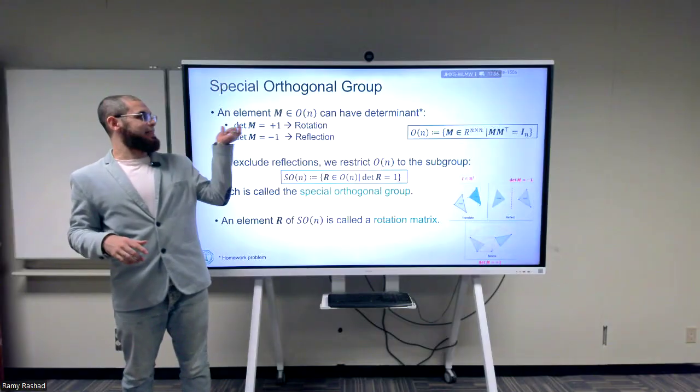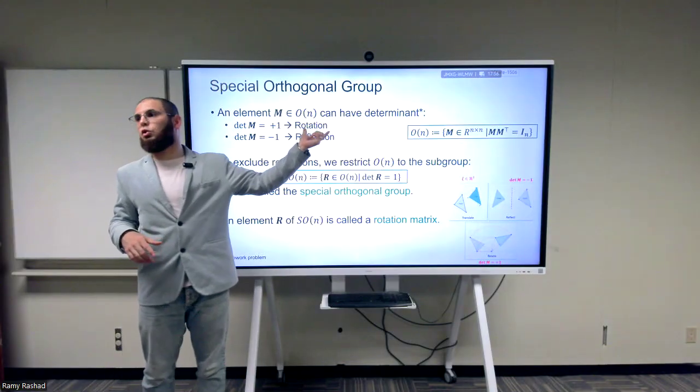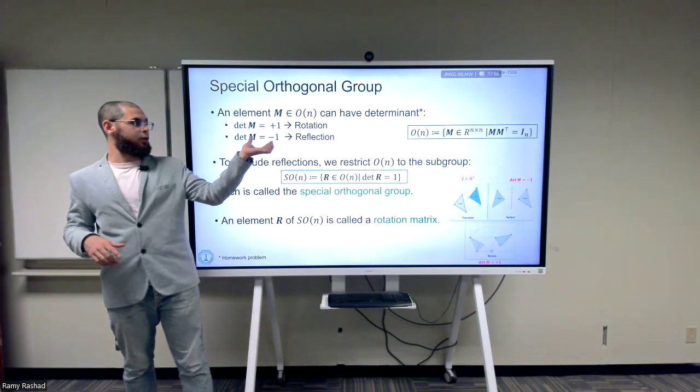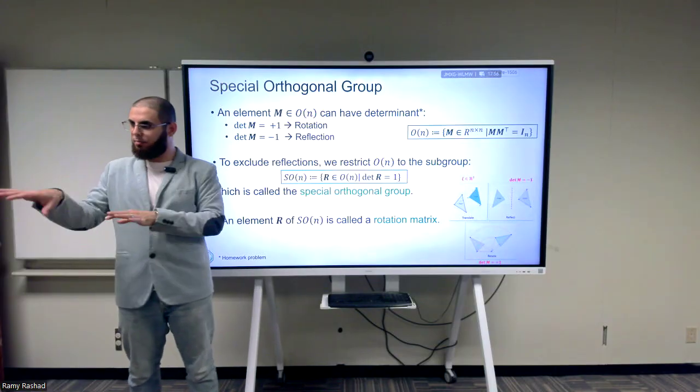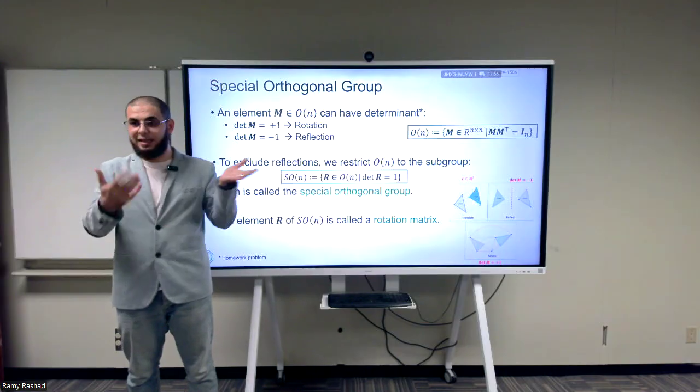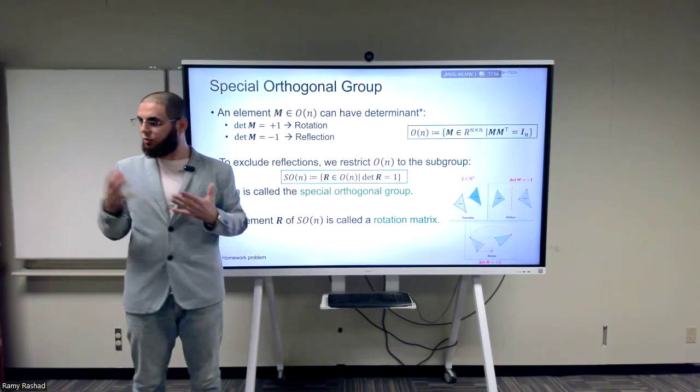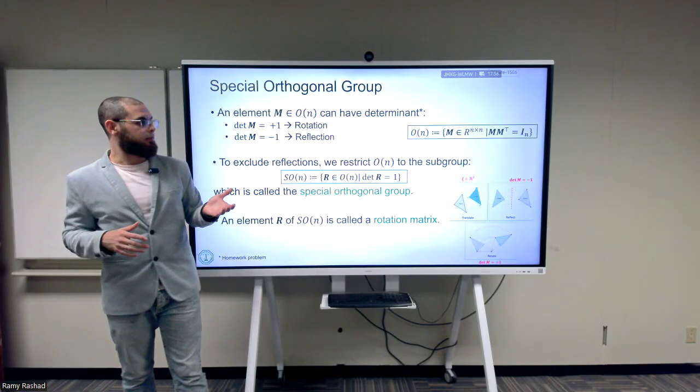If you have an M that has the determinant of 1, it corresponds only to rotations. If you have the determinant of M equal to -1, you actually have the reflection. Okay? You're going to have a MATLAB code and some nice mathematics assignment to actually see this in action and play around with it so that you really grasp this idea.